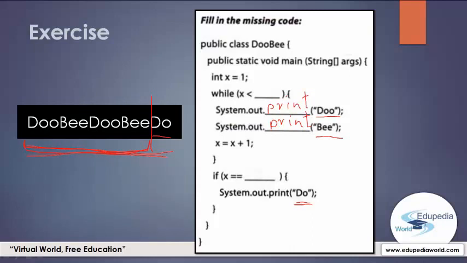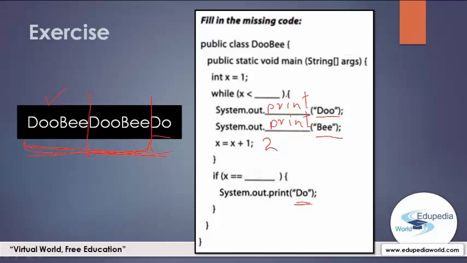Variable x has the value 1. And just imagine the condition is true, and here the first do and be will be printed out. That means this one, and at the expression the value of x would be 2, because 1 plus 1 is 2.